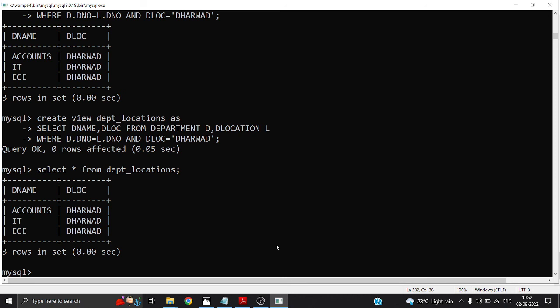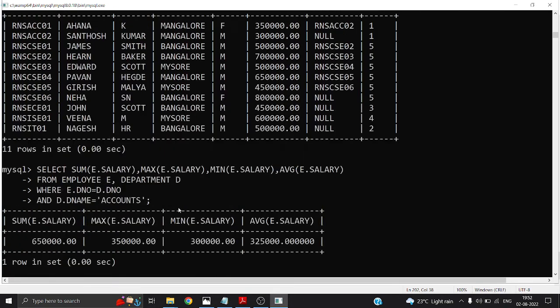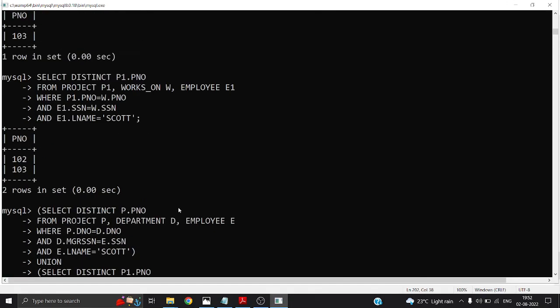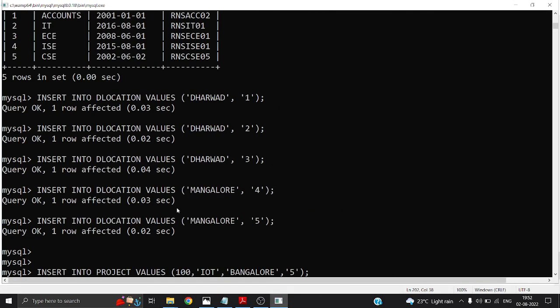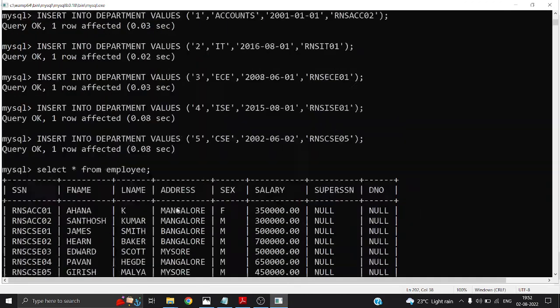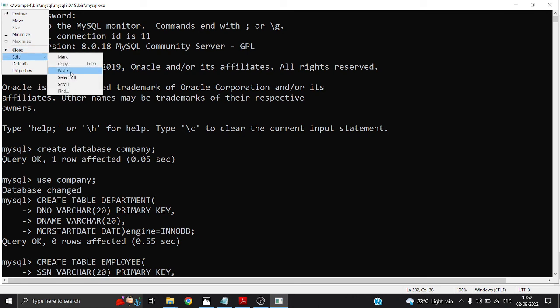Okay, so if you find any difficulties in understanding this particular assignment, you can contact me. Every time you execute the assignment with the help of the command prompt console, try to store the result of the execution in a notepad, so that we can refer to that at later stages.